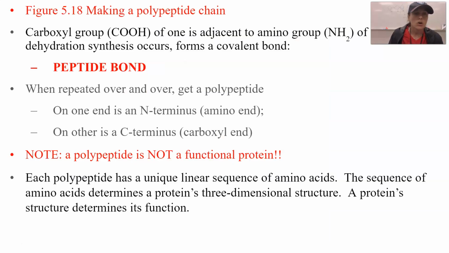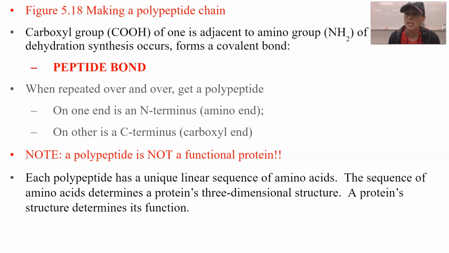Big thing again, we have the peptide bond, and those things repeat over and over: amino, carboxyl, amino, carboxyl. A single polypeptide chain, however, is not a functioning protein. We have to do a lot of things to this protein to actually get it to do its job, and what we're doing is making it a 3D structure.